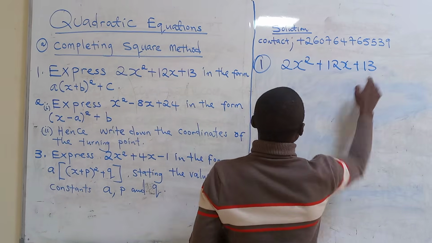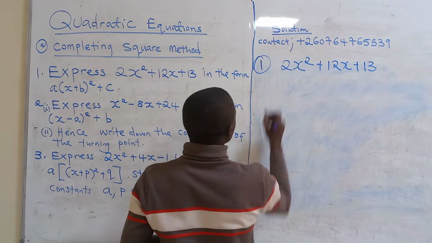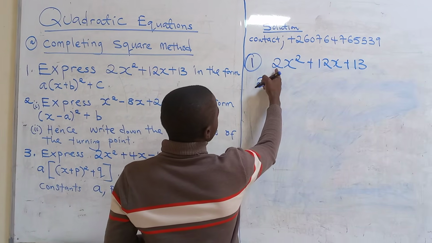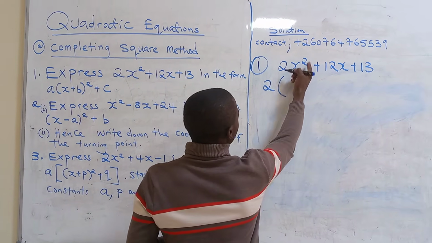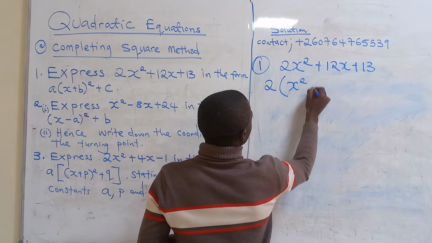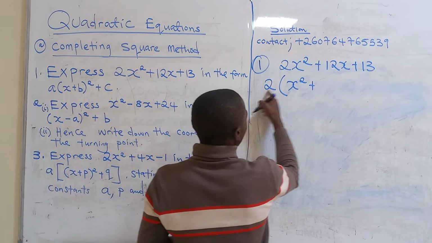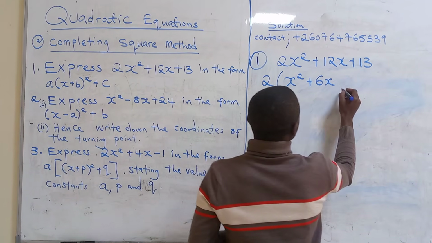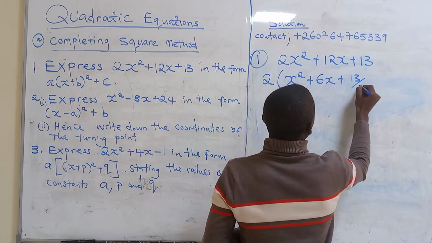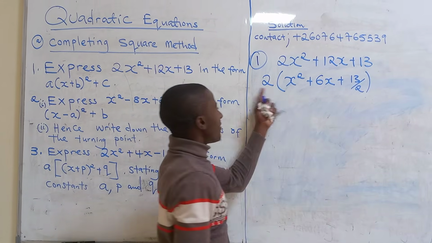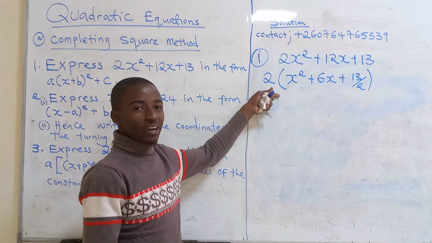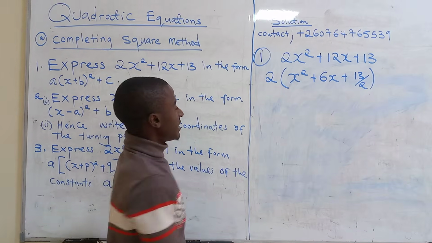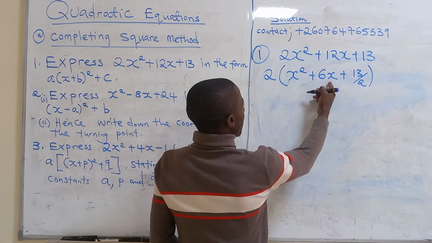So factorizing this equation, I'm going to get 2 open brackets, 2 into 2, I'm going to remain with 2x squared there, plus 2 into 12, that is 6x, and 2 into 13, that is positive 13 over 2. So this is the first step. This simply means that you have factorized the equation.